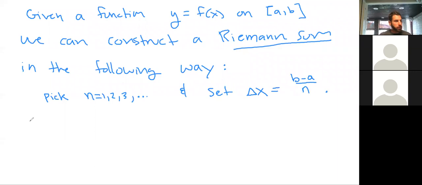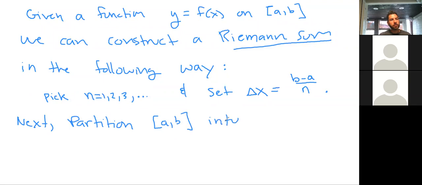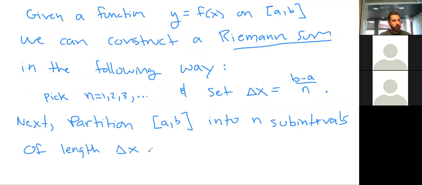So once we do this, next, the fancy word here is we partition [a, b] into n subintervals of length delta x.